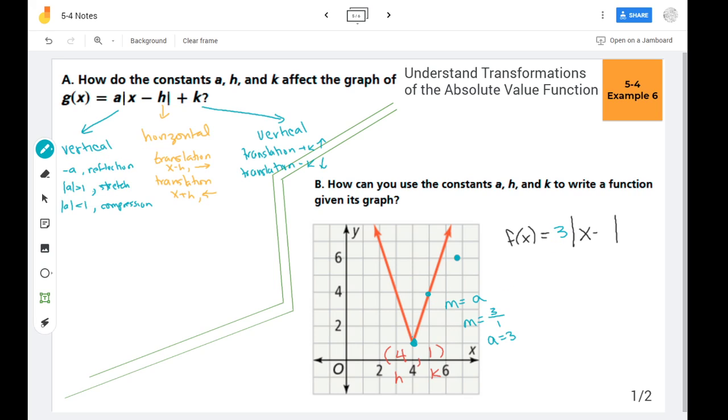So this one was stretched out, right? It's not quite as wide as our normal absolute value equation. My h was a 4. Now remember, when we plug this in the equation, it's going to look like we flip signs because there's already a minus there. So that's why it says x minus 4 instead of saying x plus 4. And then my k value is a 1, so I'm going to put a plus 1 on the outside here. So there's our function.